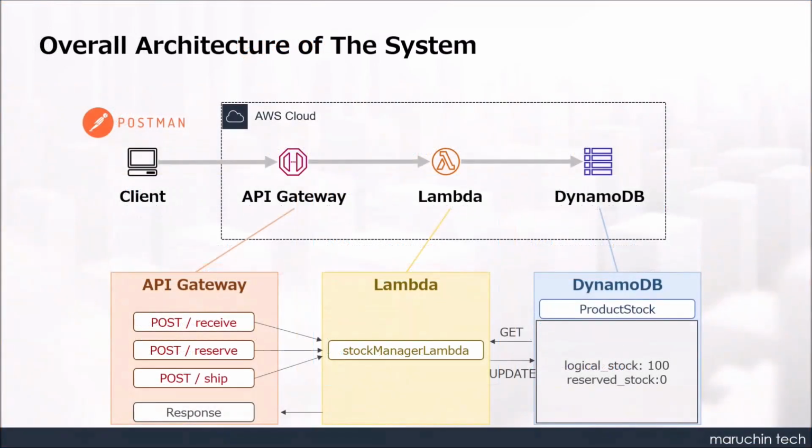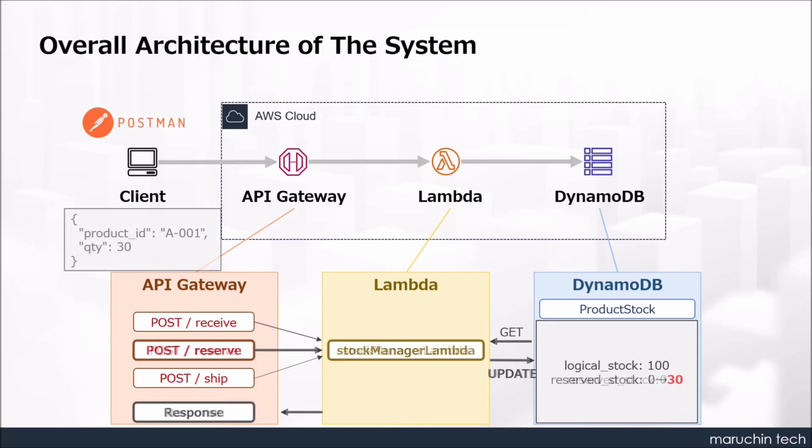Let's explain the content of the integration test. First, ensure the DynamoDB table is set with the logical stock at 100 and reserved stock at 0. You should have already entered these initial values during the hands-on session in section 1. From here, we will actually execute requests using Postman.